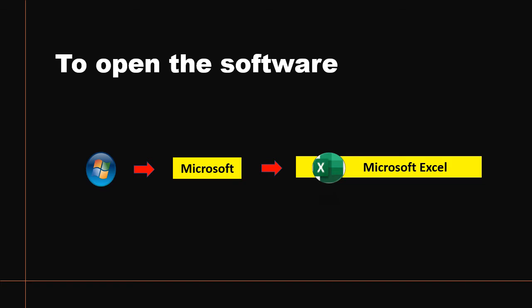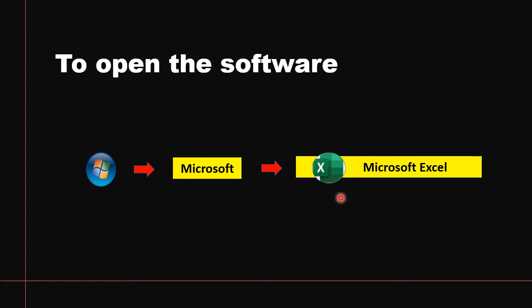Now, the first step is always how to open the software. So let's see the steps to open the software. First step is, click the start button, select Microsoft. Then from this drop down, you can select Microsoft Excel.